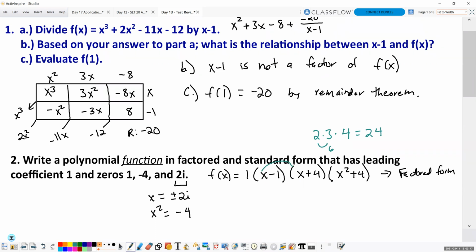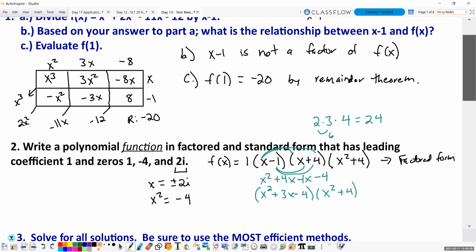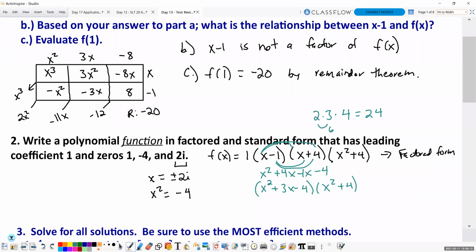Here we go. So I get x squared plus 4x minus 1x minus 4, and then I put those together and I get x squared plus 3x minus 4. And now I need to multiply that times x squared plus 4. So there are lots of different ways to multiply this. I'm just going to distribute. So first I'm going to distribute the x squared.